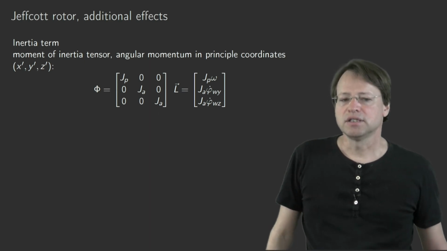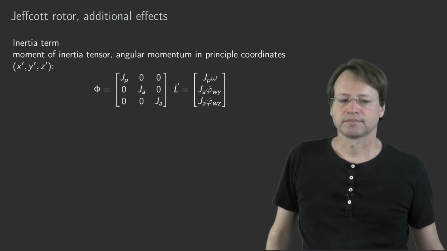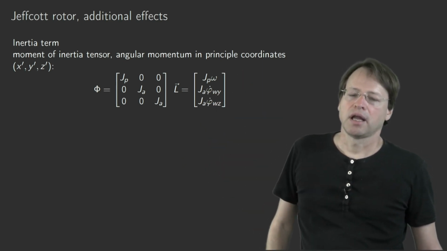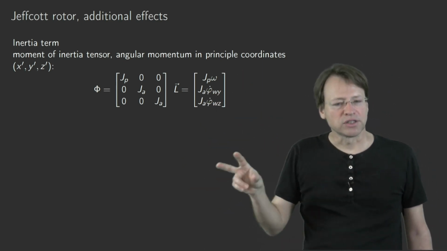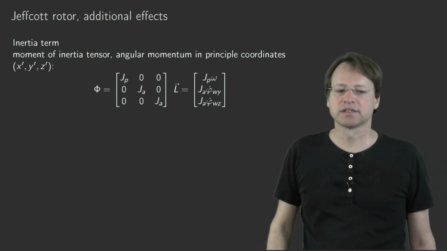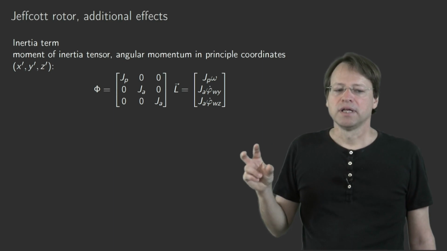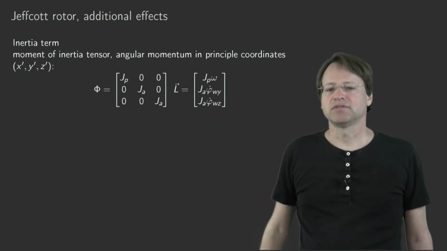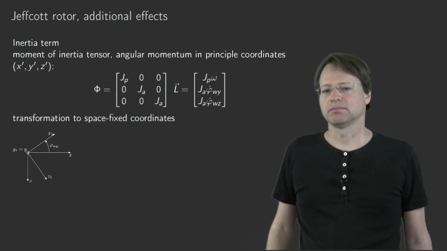Well, as this would be the result in principal axis, but we want to still formulate our equations of motion in the space-fixed coordinates, we have to transform this result, so from principal axis to space-fixed coordinates.